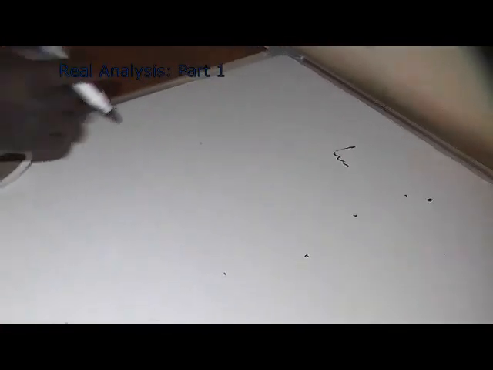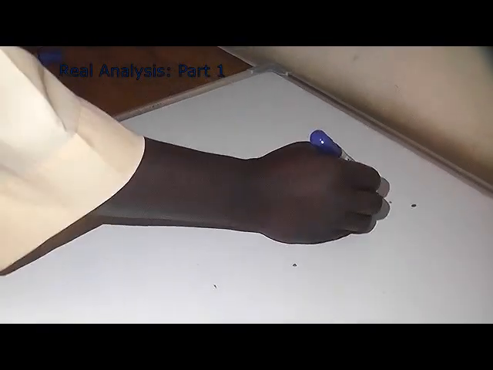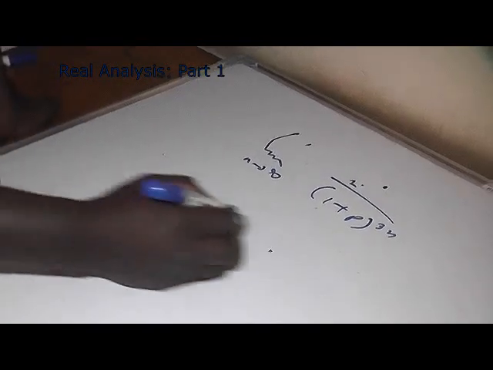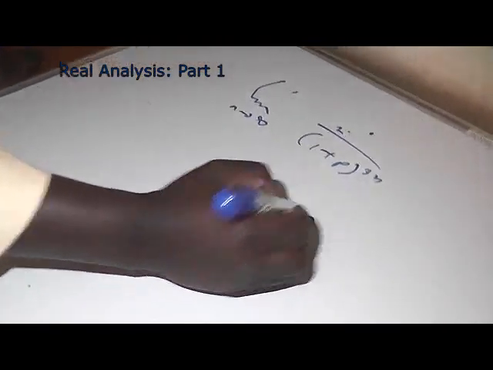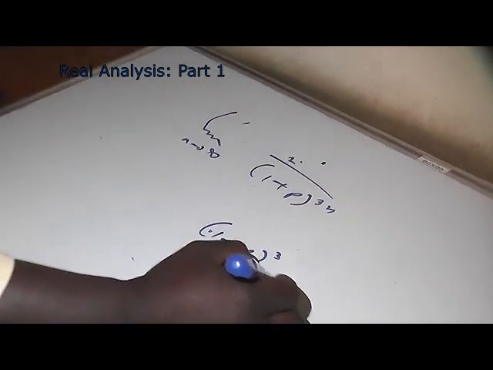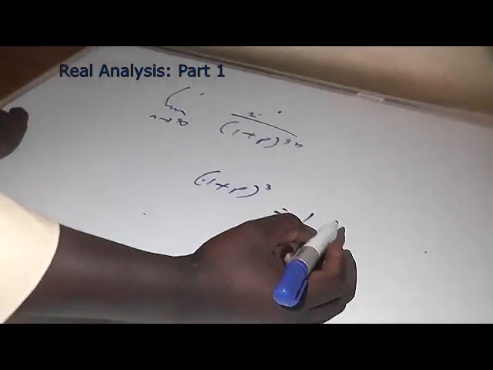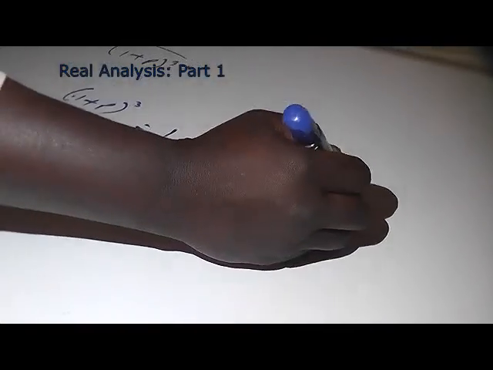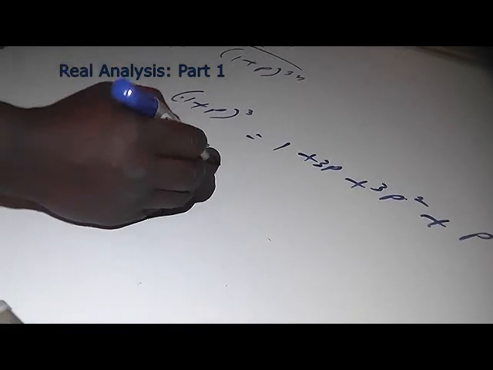We take a special function, the limit as n tends to infinity of 2 over (1 plus p) to the power 3n. If you make an expansion of this, what you get is 1 plus p squared plus p cubed, meaning that (1 plus p) to the power 3 is greater than 1 plus 3p.